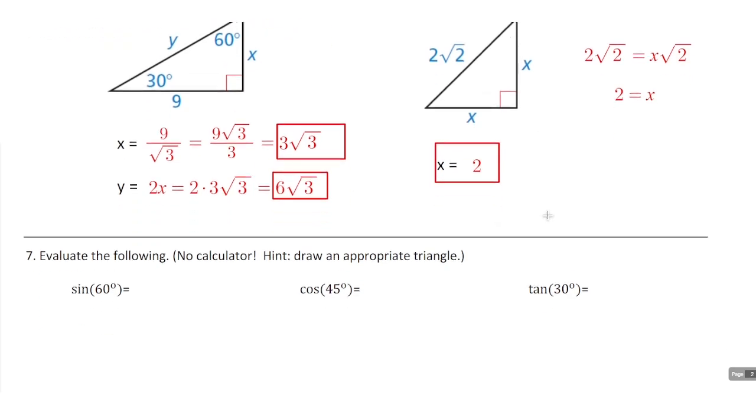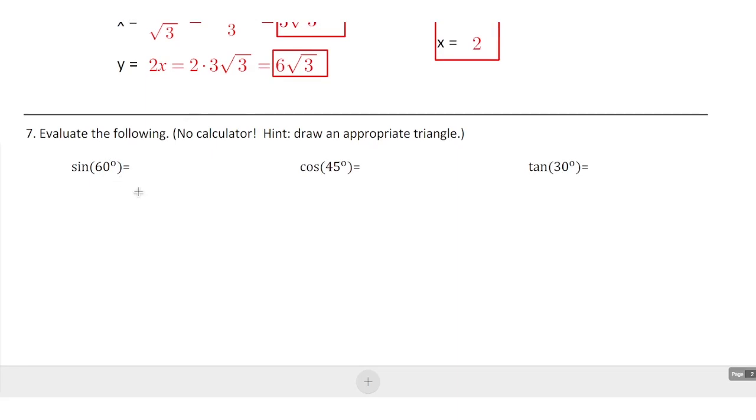All right, our last problem here: evaluating the following, no calculator. Here we're going to use those special right triangles. I'll go ahead and sketch them out. For the 30, 60, 90 triangle, the ratio is going to be x to 2x to x root 3. The smaller angle here is 30 and the bigger angle here is 60.